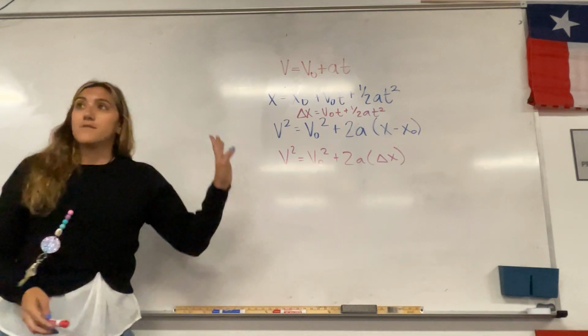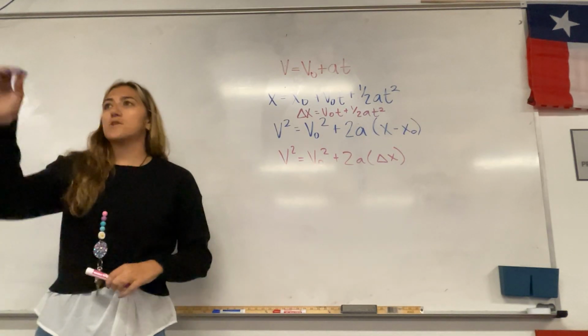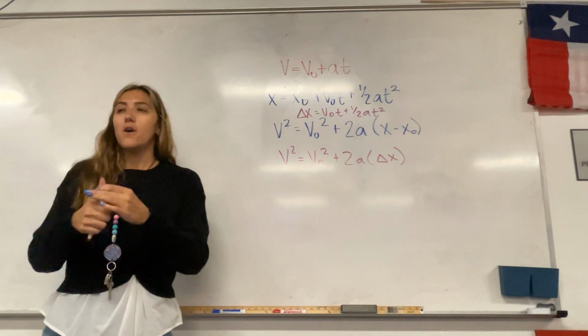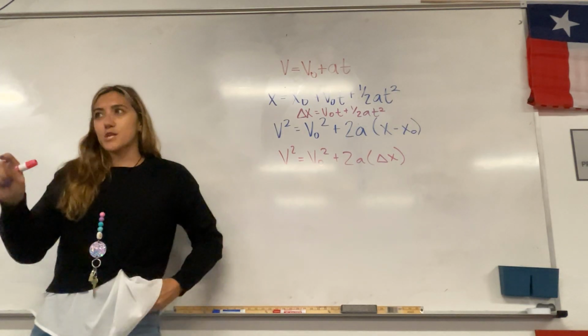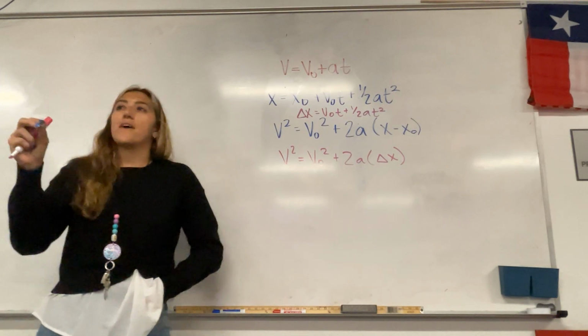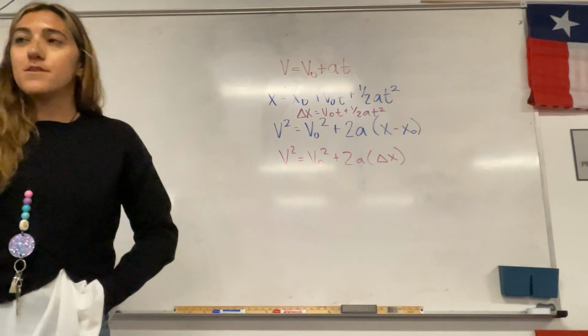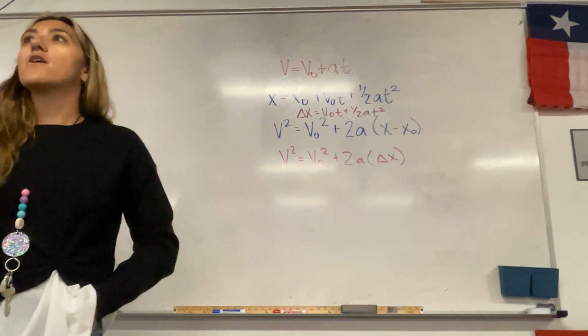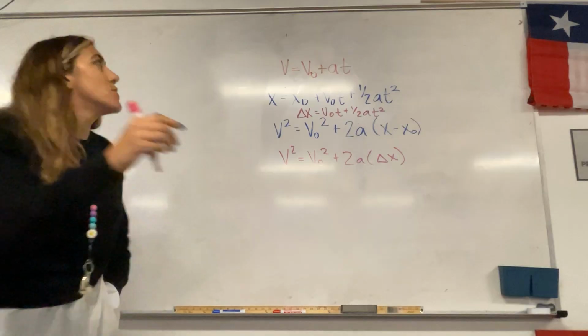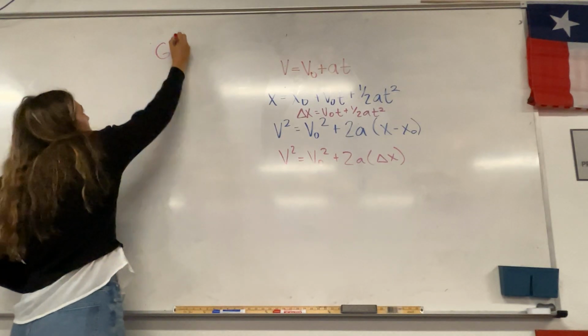All right. So here is the most important part of physics you're ever going to learn, okay? When I need to solve a physics problem, I'm going to follow the same method every single time. And I'm going to focus on doing one thing, which is the GUESS method.